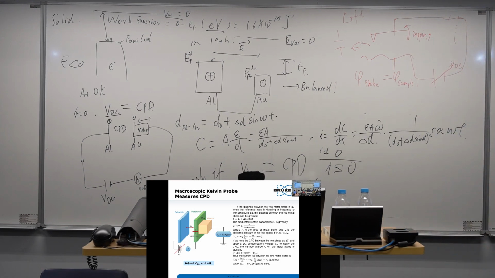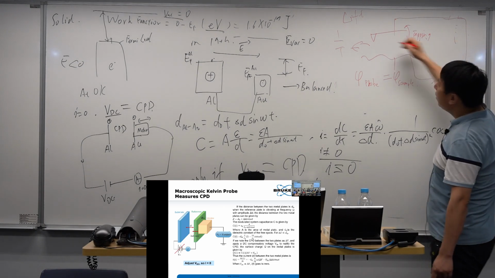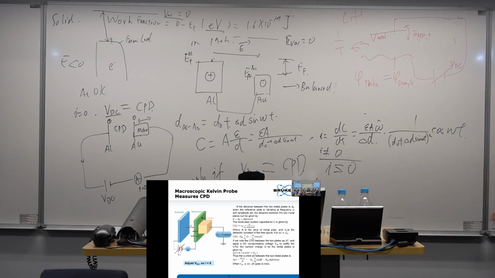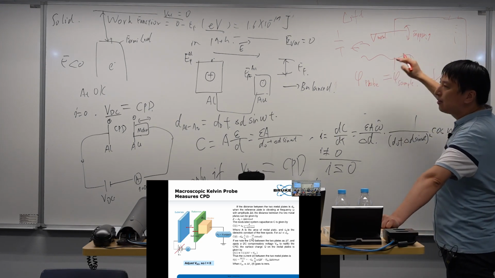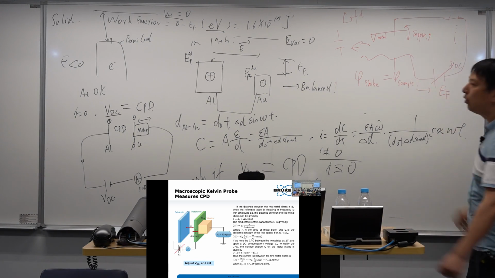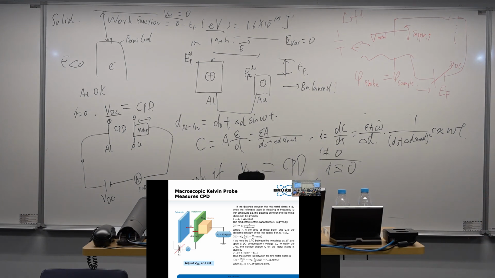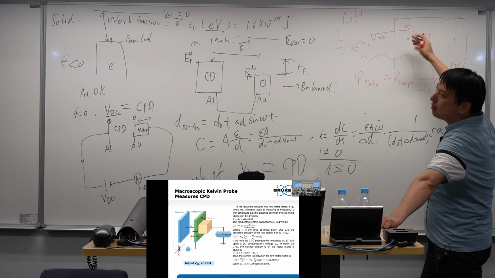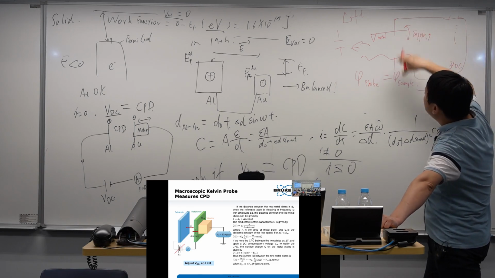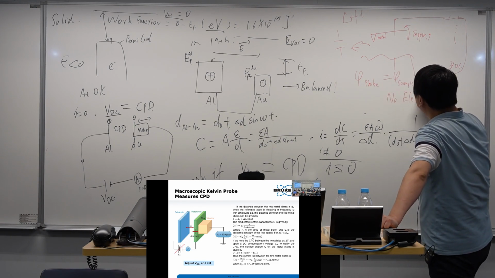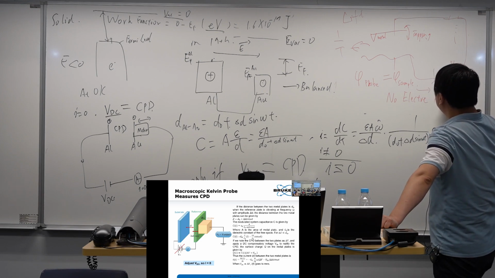But again, think about this probe, say if it's a metal. Once we place a metal inside an electric field, there should be an electric field force. We had the EFM in the morning. But if the potential of the probe and the sample are the same, that means they are the same potential, so there should be no electric field force.